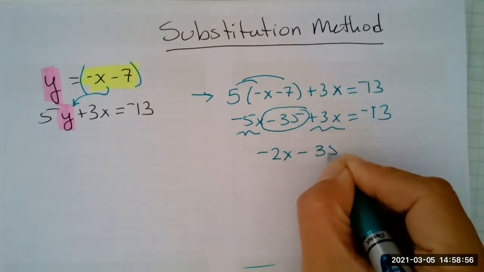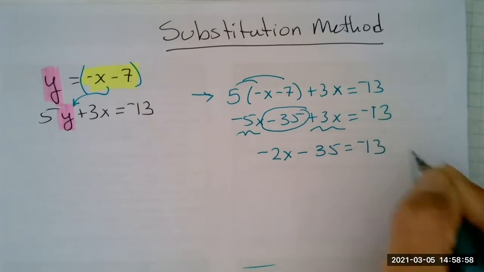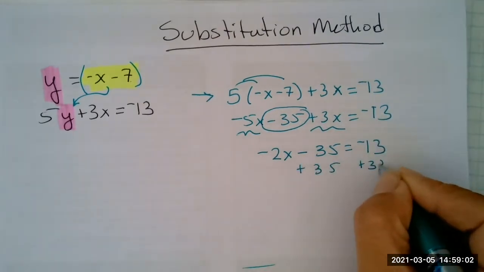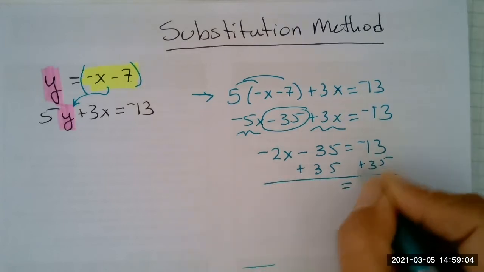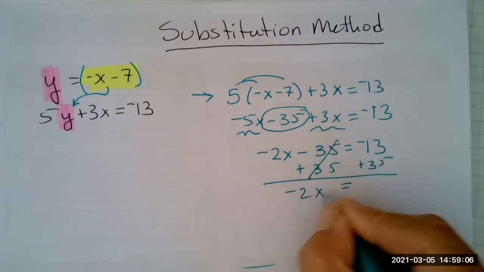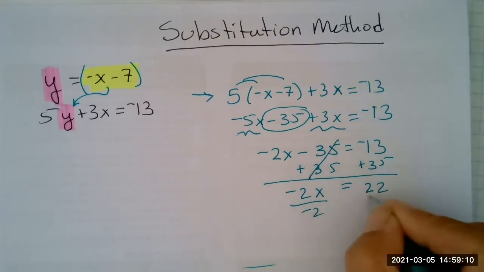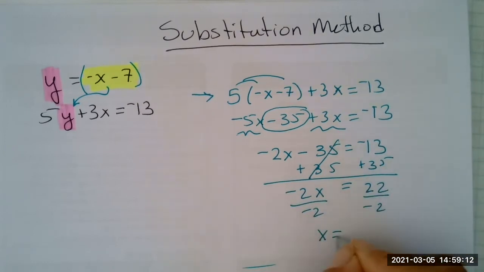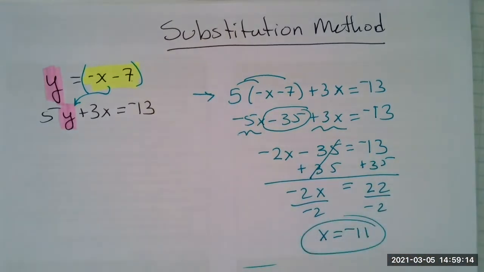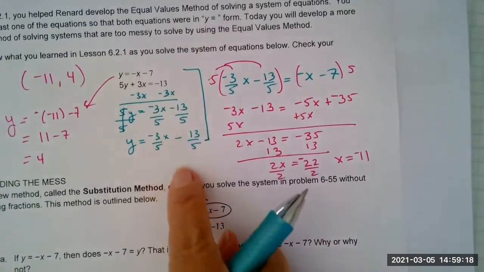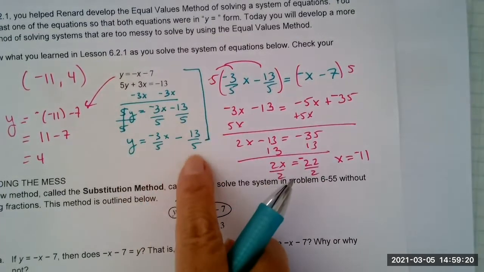Don't leave any of the stuff behind. And now it's just a matter of solving the equation. Add 35 to both sides of the equal sign. Divide by negative 2. X equals negative 11. Hey, where did we see that? I did the problem without going through this mess.